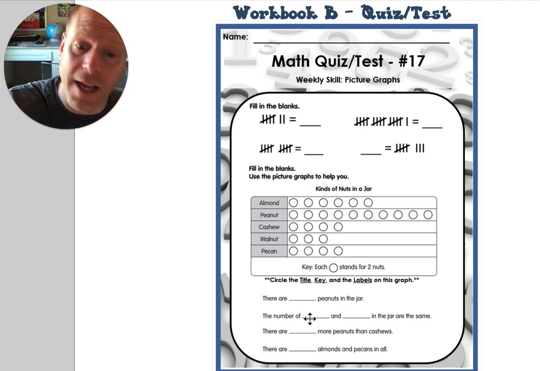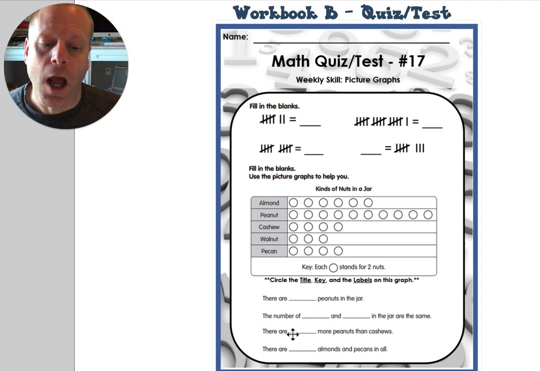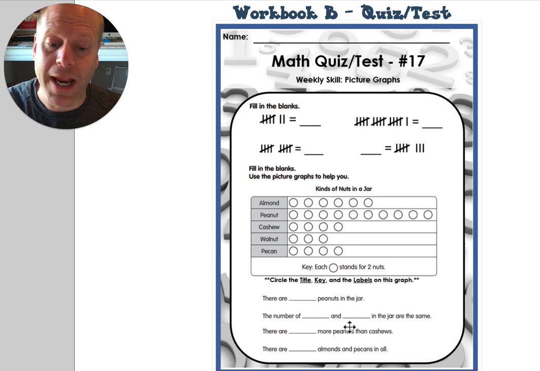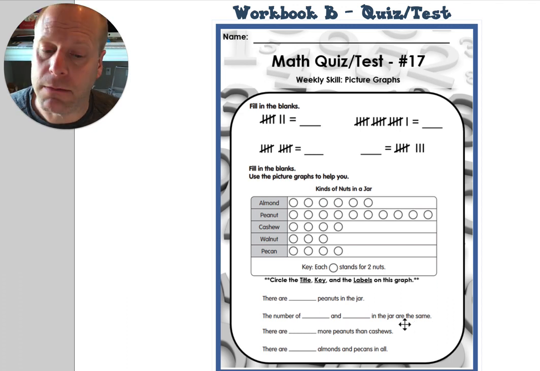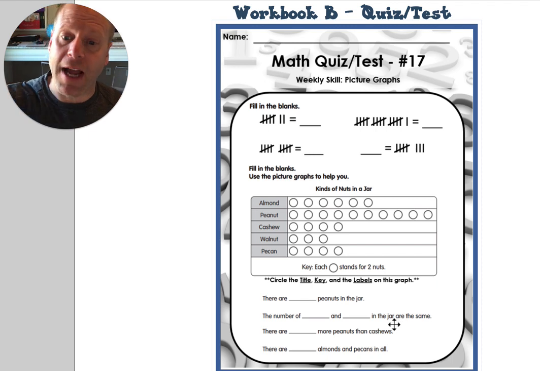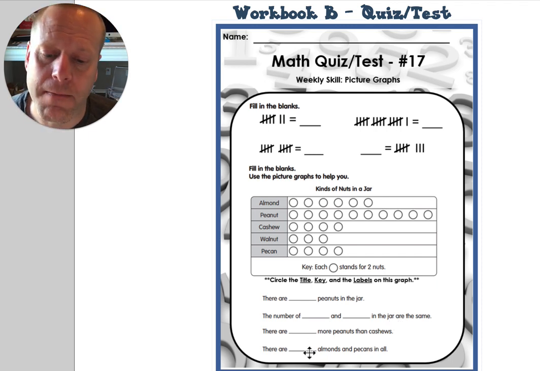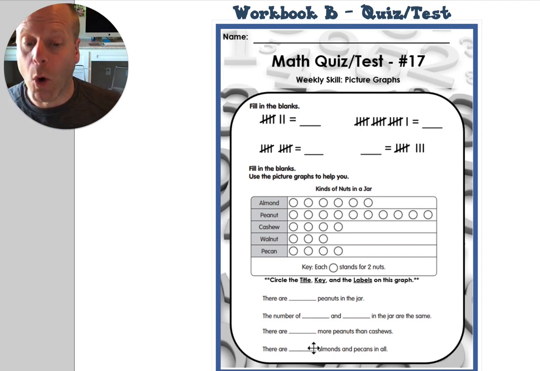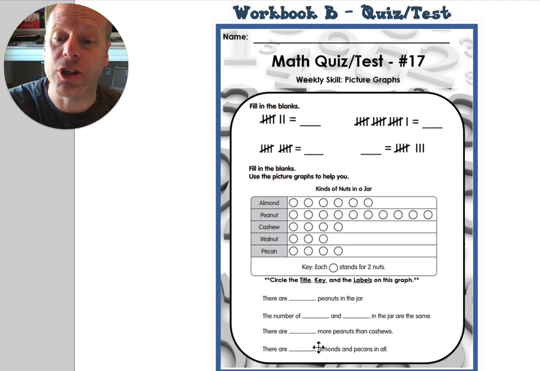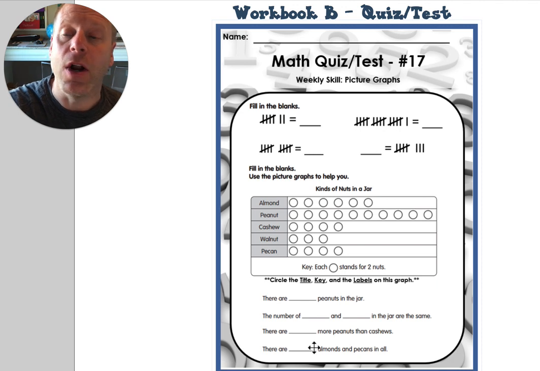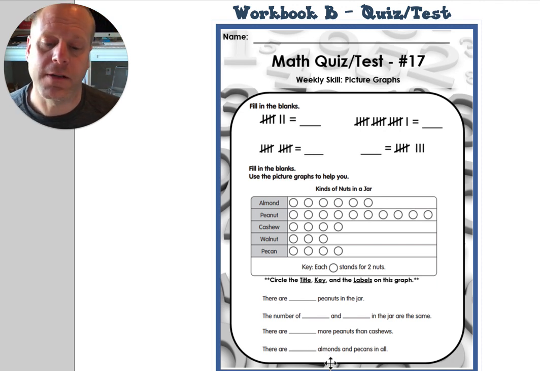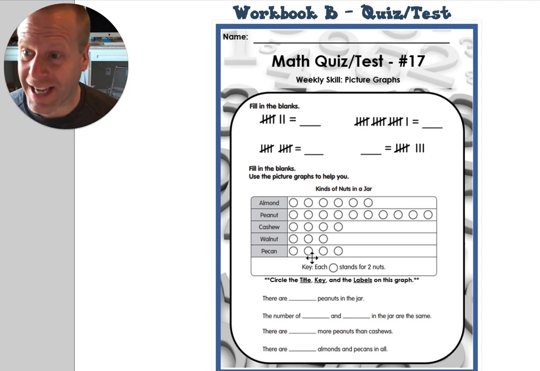Find the peanuts and count by twos. The number of blank and blank are the same. Find the ones that are the same length and write them in those lines. There are more peanuts than cashews, so you have to compare two different categories. And then for this last one, you have to add the almonds and the pecans all together.